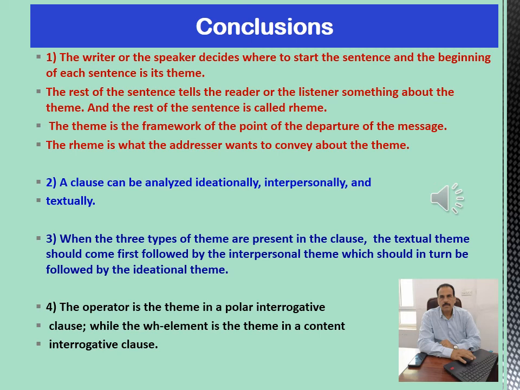First, the writer or speaker decides where to start the sentence, and the beginning of each sentence is its theme. The rest of the sentence tells the reader or listener something about the theme and is called the rheme. The theme is the framework and point of departure of the message.